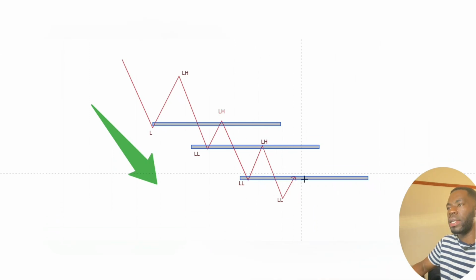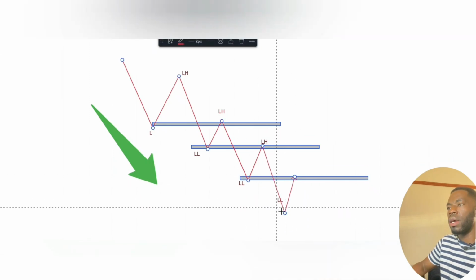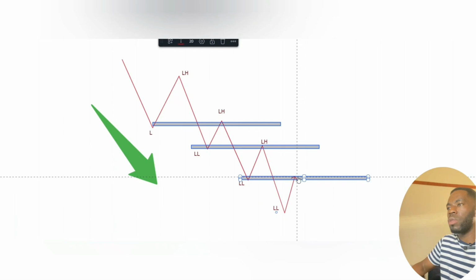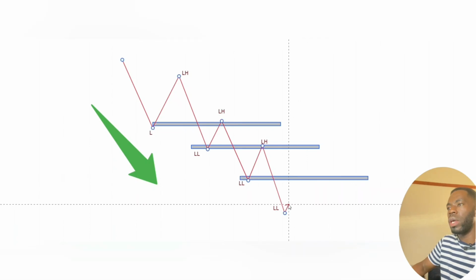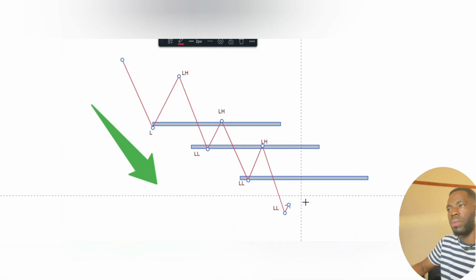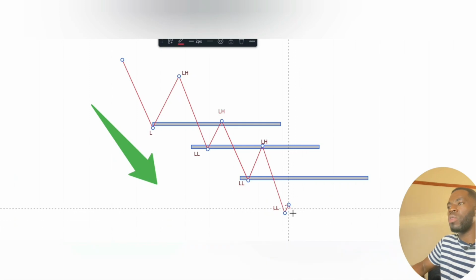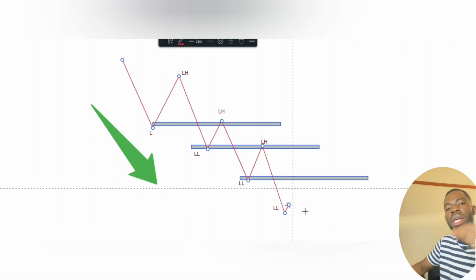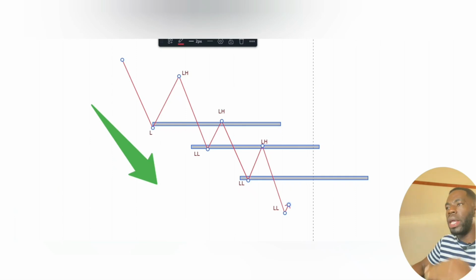But we don't know yet because, let's say, our current price is over here. This is where we are right now. And we don't know how high this price will go before it falls, how we can sell at a premium, because we want to sell high and buy low.